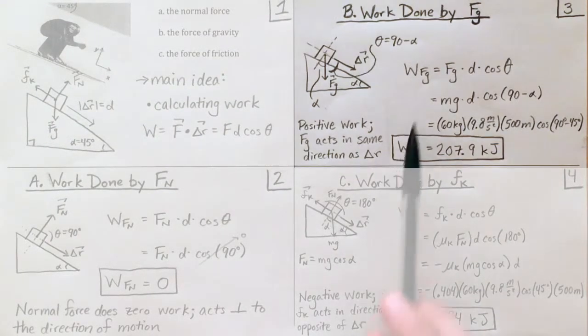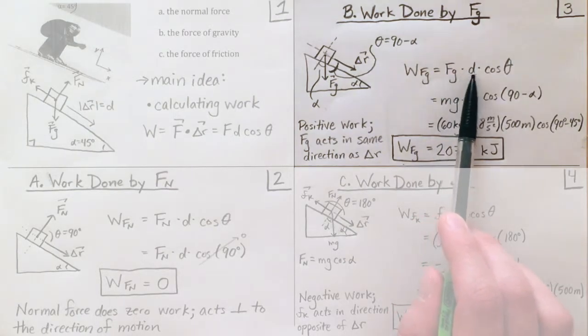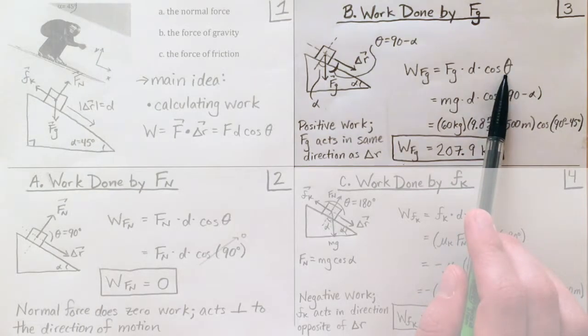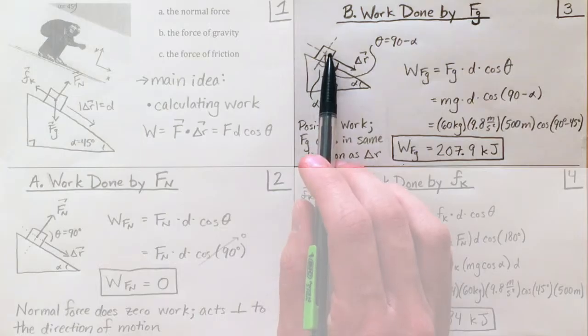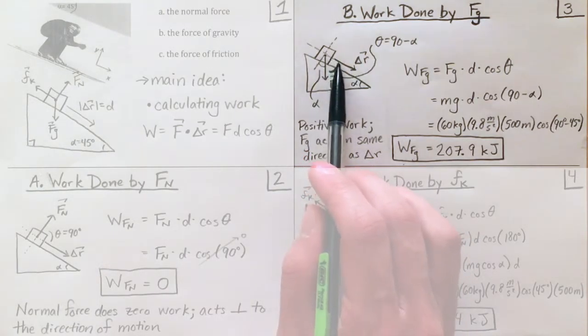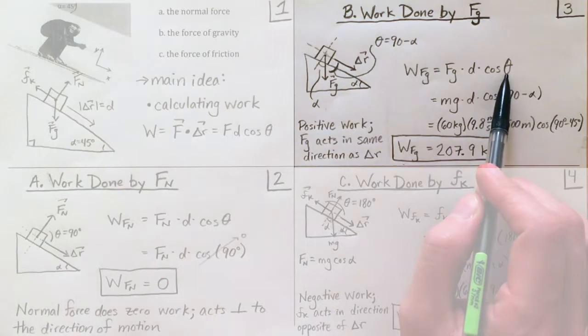To find the work done by gravity, we multiply the magnitude of the gravity force times the distance the skier goes down the slope times cosine theta, where theta is the angle between the gravity force and the displacement vector. In that case, it's this angle here. We now need to figure out what theta is equal to.